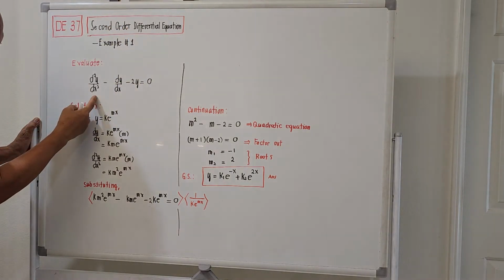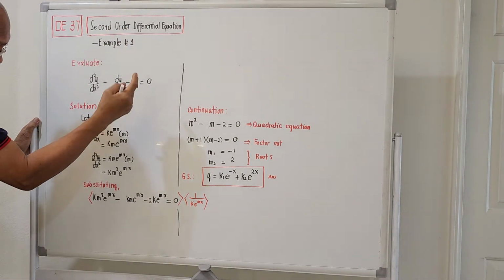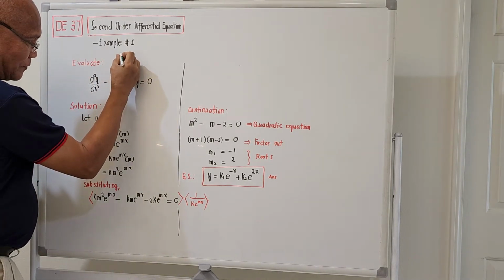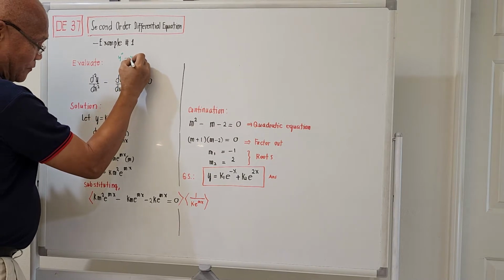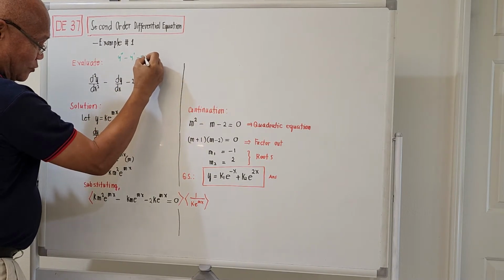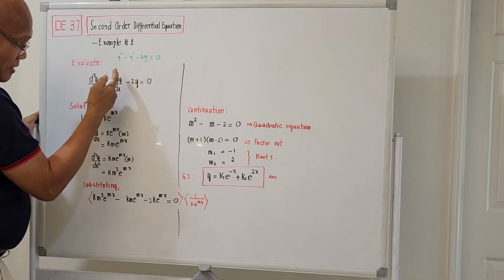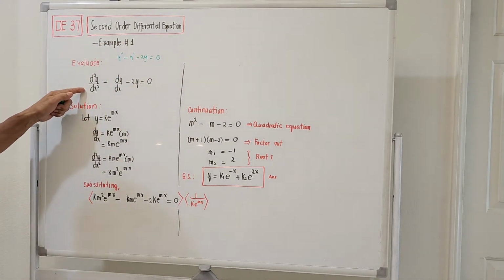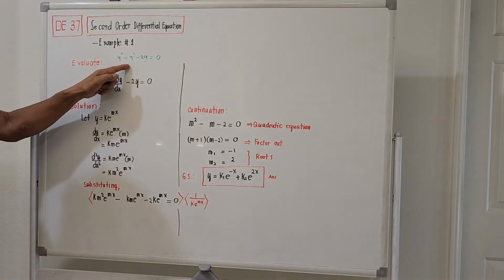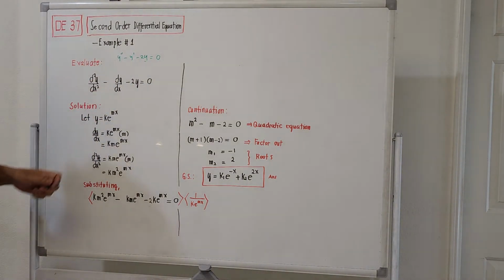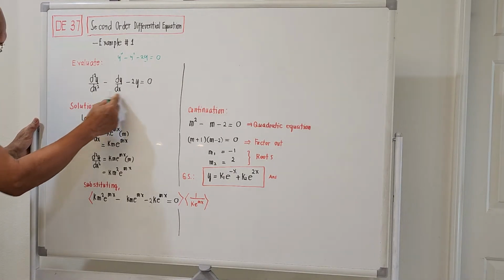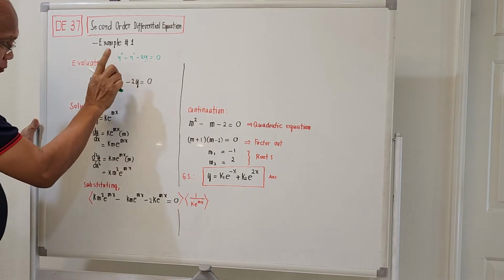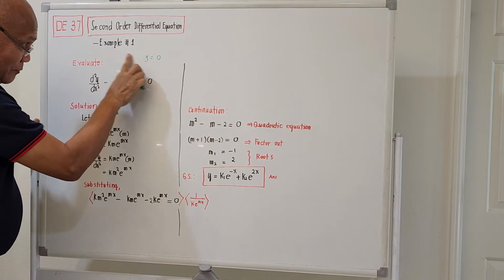This can be written as simply y double prime minus y prime minus 2y equal to 0. These two are the same because y double prime is d square y over dx square and y prime is dy dx. But I prefer this one if we are trying to solve a second order differential equation. So for the meantime, I will forget the other one, but they are the same.